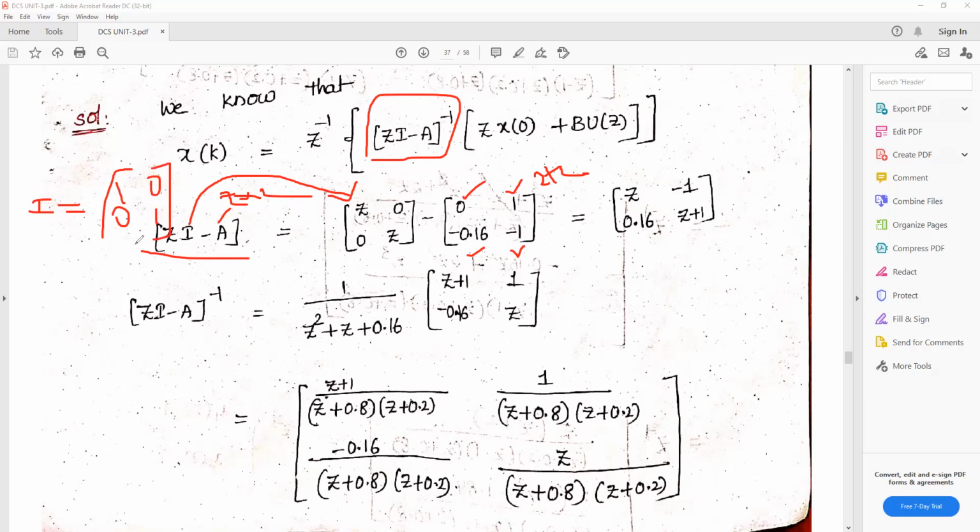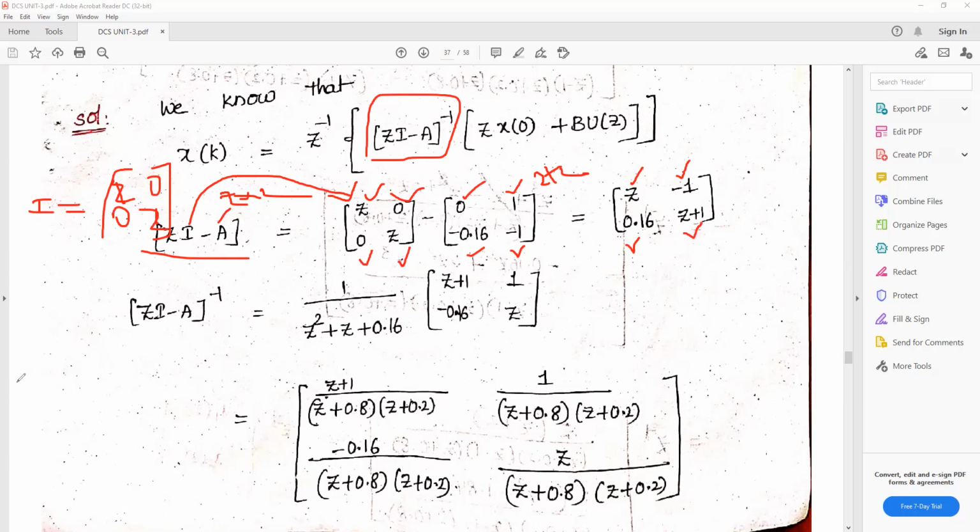So zI is z, 0, 0, z. Then zI minus A is: z minus 0 is z, 0 minus 1 is minus 1, 0 minus of minus 0.16 is 0.16, and z minus of minus 1 is z plus 1.